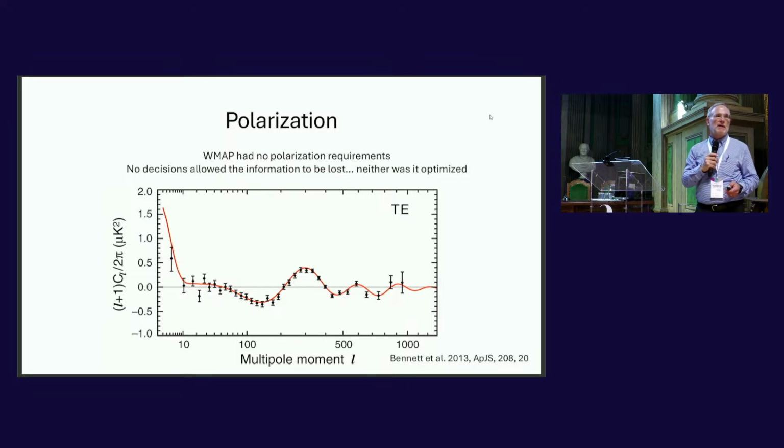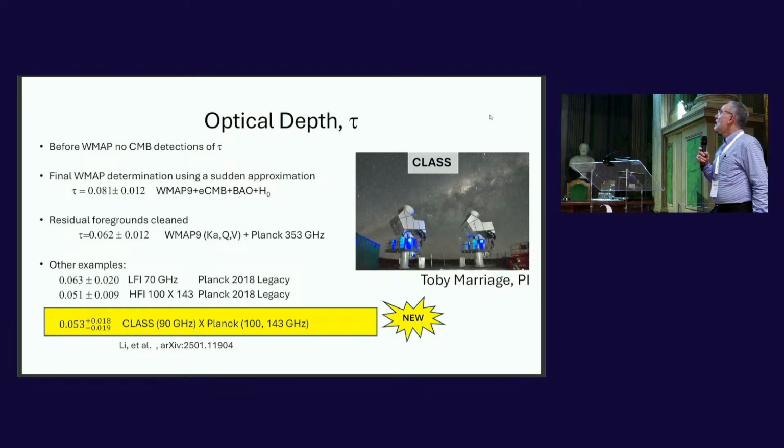So while it was not optimized in any way for polarization, it was polarization sensitive, and we tried to make use of that. In terms of optical depth, before WMAP, there was no CMB determination of the optical depth value, only upper limits.